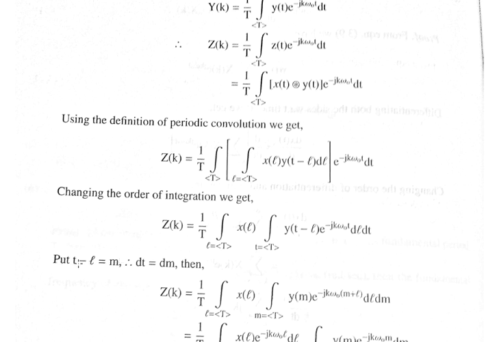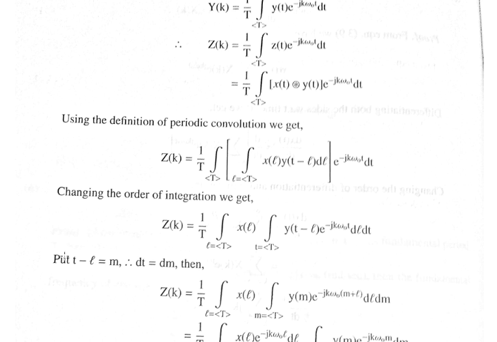Now this t is over the period t. So now this L is for t, this m, now in place of t minus L we write m, and this y of m e raised to minus jk omega naught.